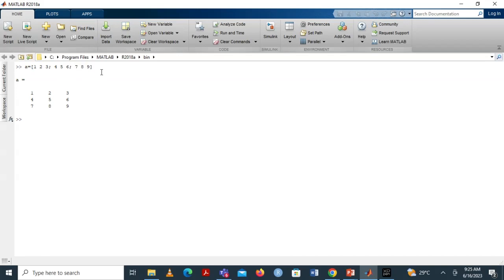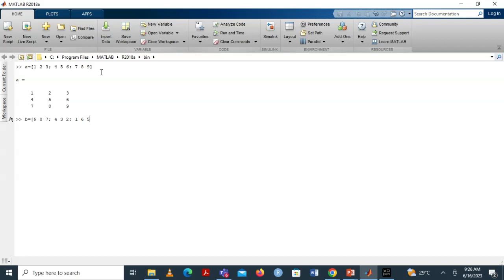Now let me type a second matrix. Let's assume the second matrix is 9, 8, 7. I put a semicolon, 4, 3, 2, semicolon, 1, 6, and 5.